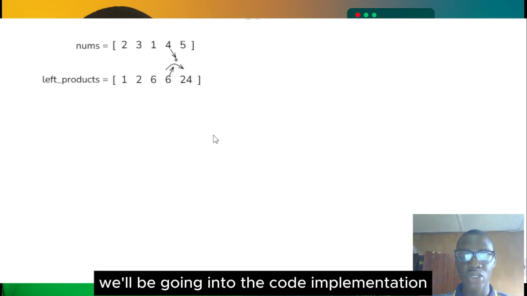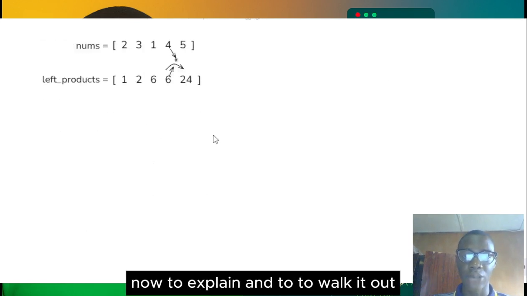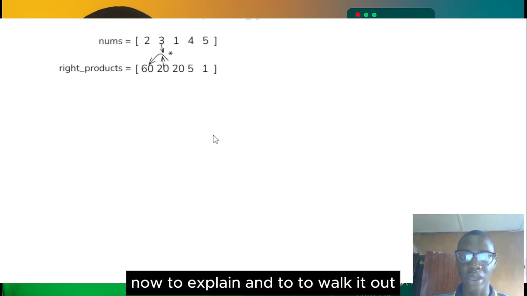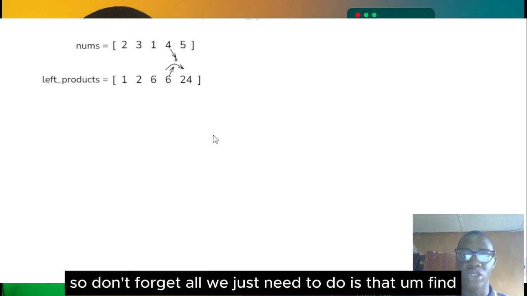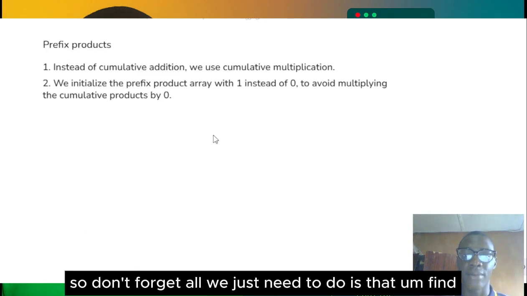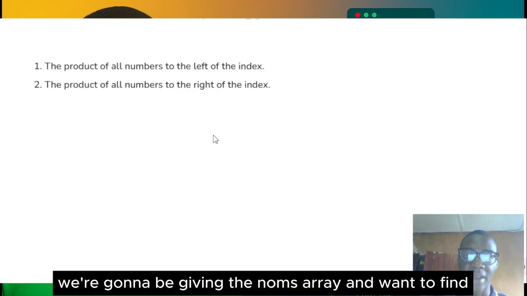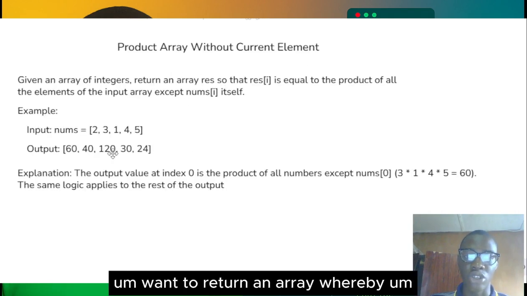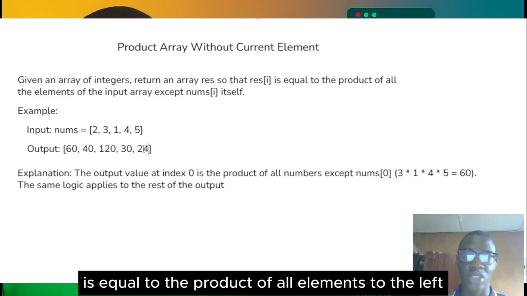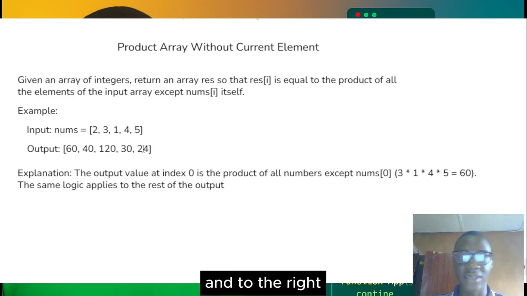Alright, we'll be going into the code implementation now to explain and to work it out. So don't forget, all we need to do is that we're going to be given the nums array, and we want to find and return an array whereby result of i is equal to the product of all elements to the left and to the right.